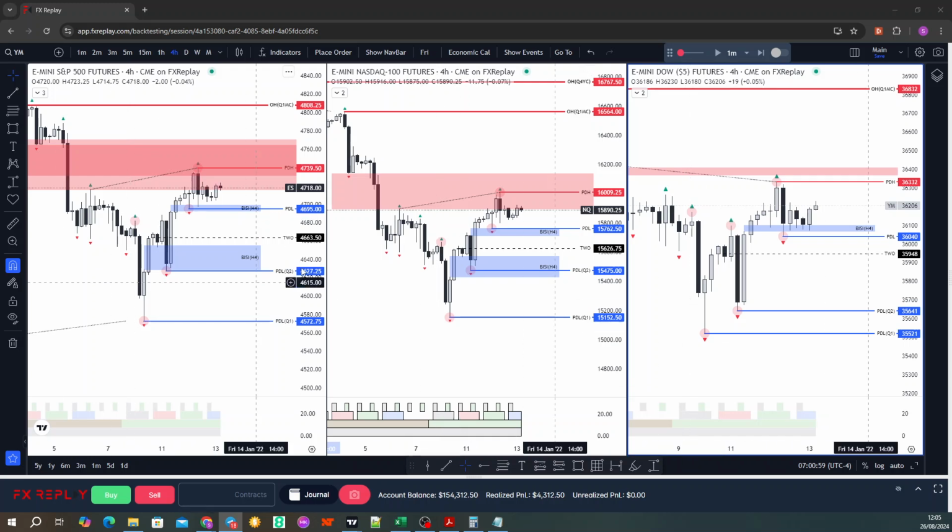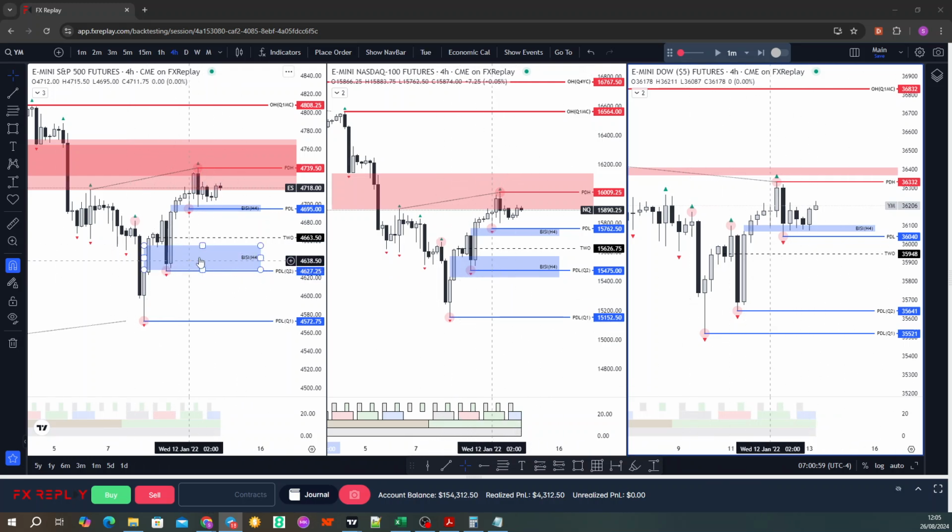It could reclaim this BISI here. That's certainly possible. Probably would actually want to see it trade below this previous day's low liquidity as well, but maybe not so on YM, and that will create the high time frame cracking correlation. But if that was going to occur, it'd be next week.